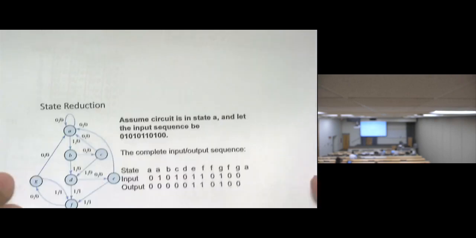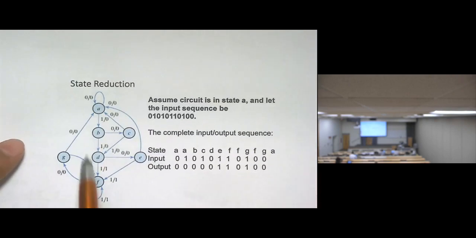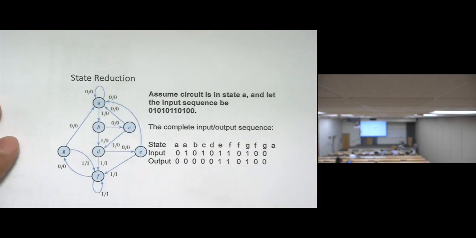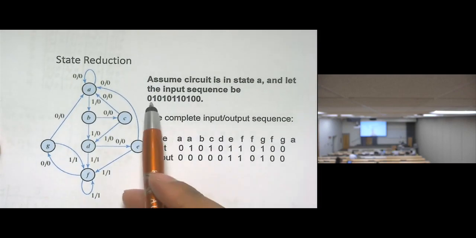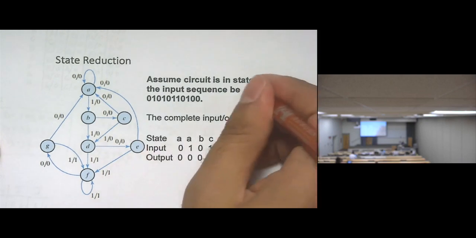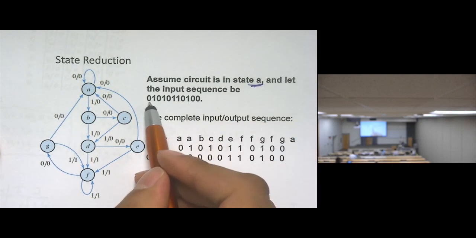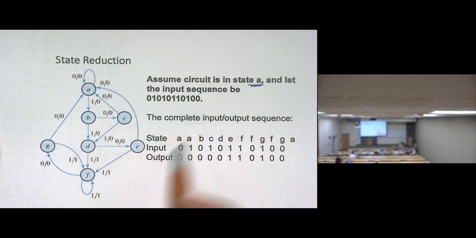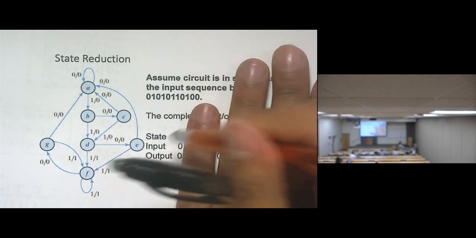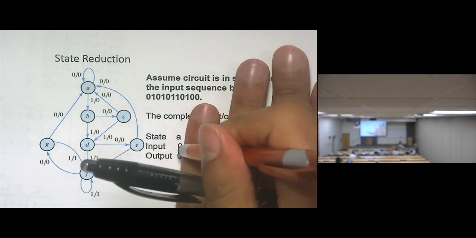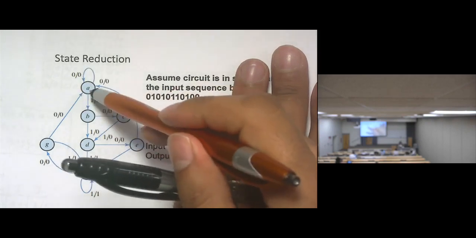For example, let's assume we have this state diagram. The initial state is A, and the input sequence is 0, 1, 0, 1, 0, 1, and so on. By following this state diagram, we are at state A, input 0, the output is 0.